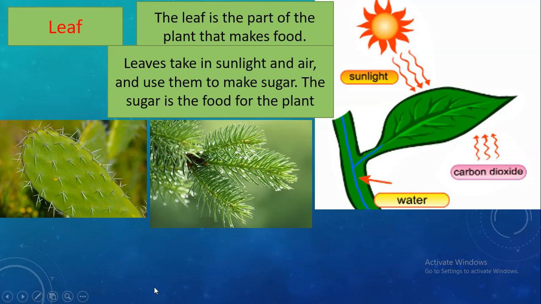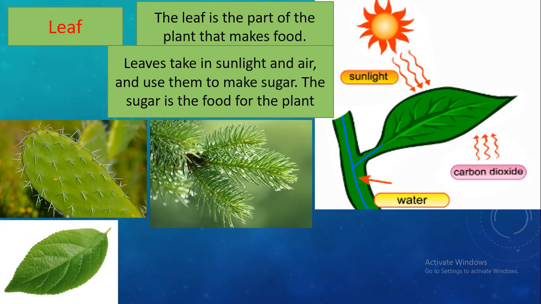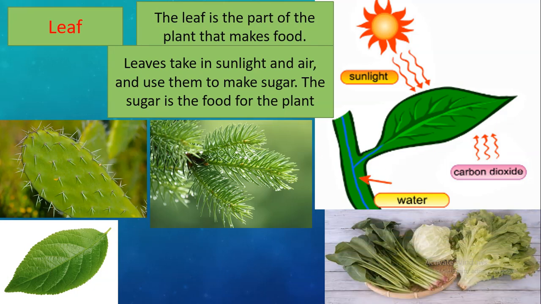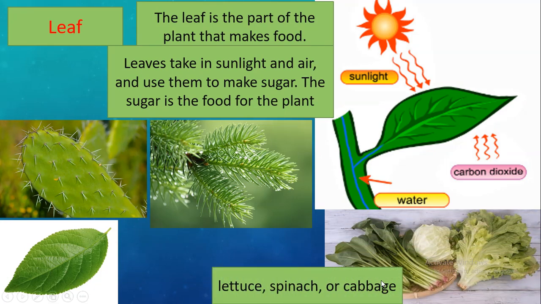Now, we might eat the leaves of some plants such as lettuce, spinach, and cabbages. Again, leaf is the third part of the plant. The leaf function is to make food. It takes in sunlight and air and uses them to make sugar. The sugar is the food for the plant.